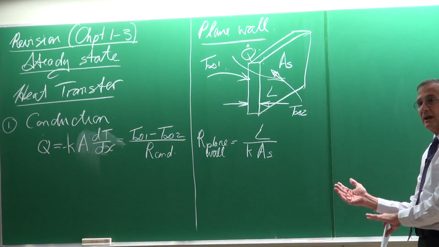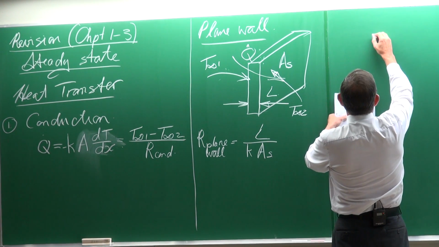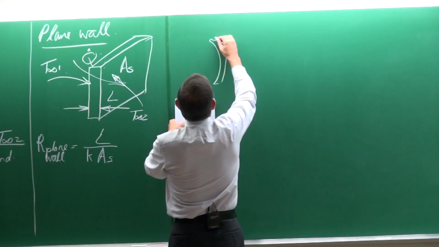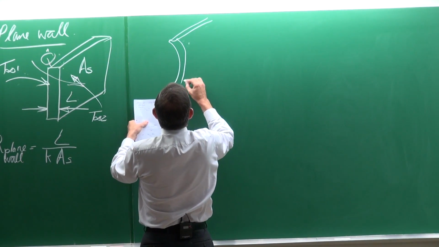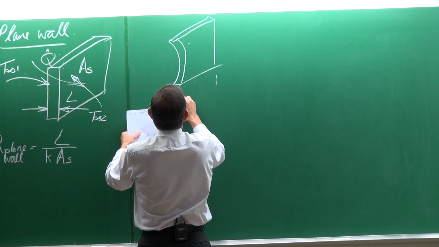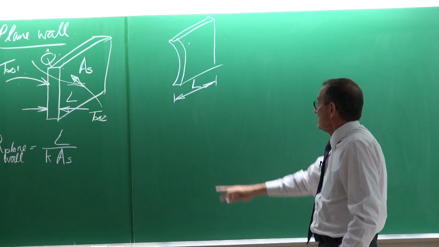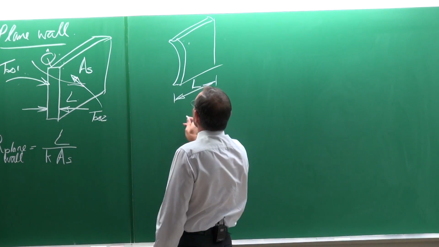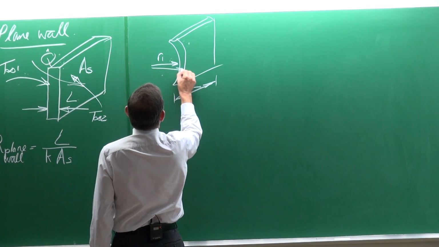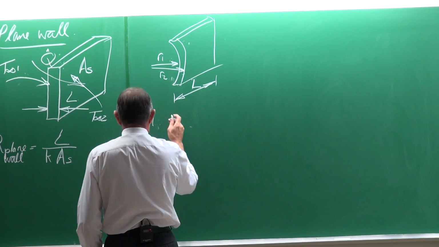Then there were more complicated cases that you also derived and looked at. For example, a cylinder, where you've looked at something like that. And this cylinder will have a length L in that direction. Take note, L here is not the thickness. The thickness is being described in terms of R1 and R2. So this is for a cylindrical case.